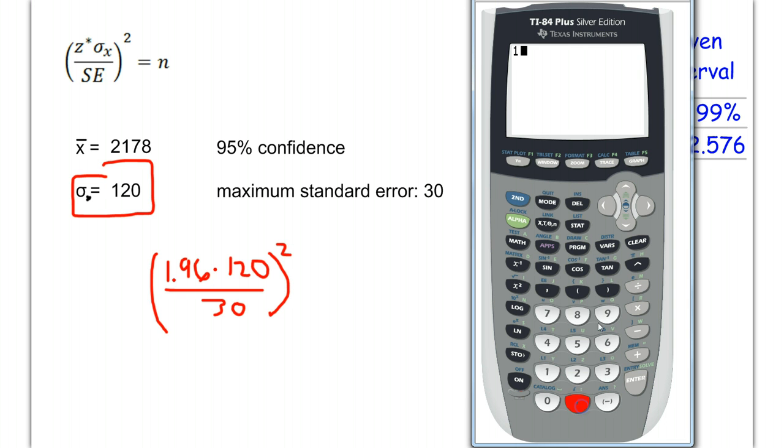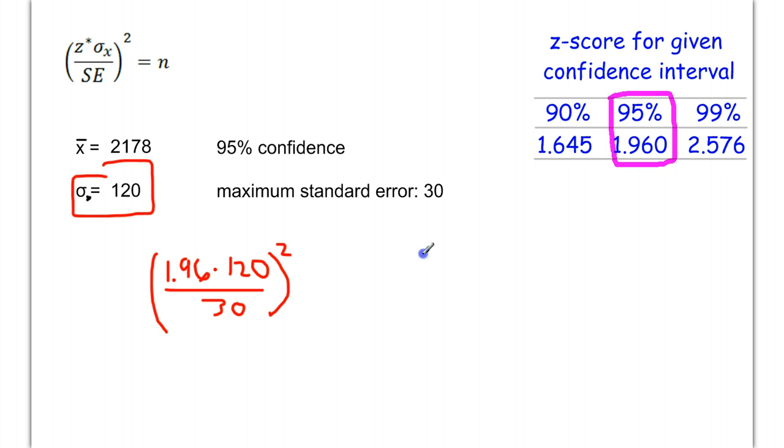So we have 1.96 times 120 divided by 30, and then we square that whole answer. We get 61.4 something. And because it's the minimum sample size that we're predicting here, we're always going to round up. So we're going to call it 62.